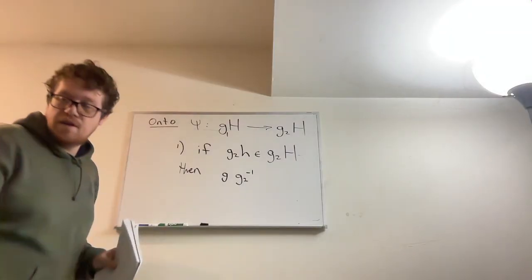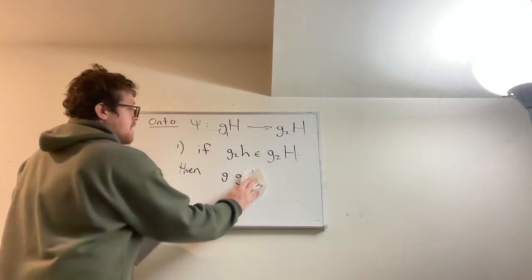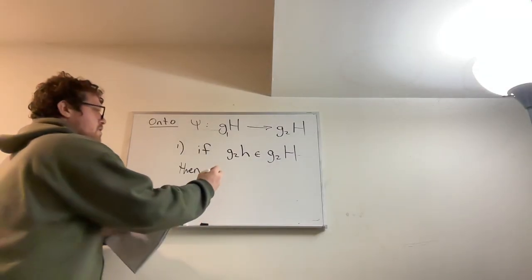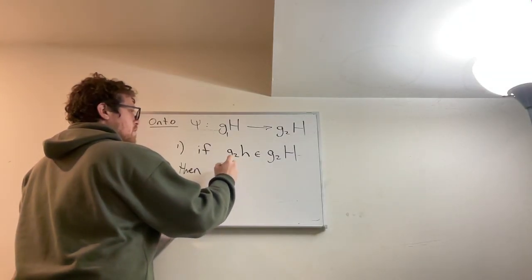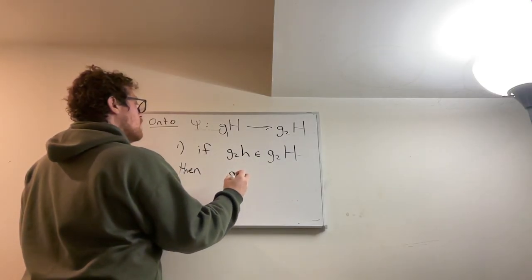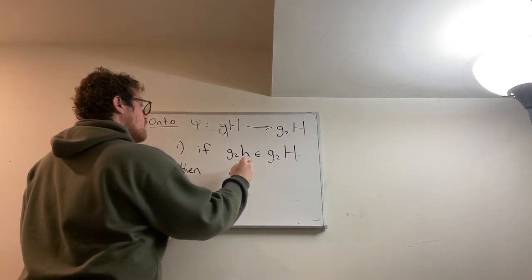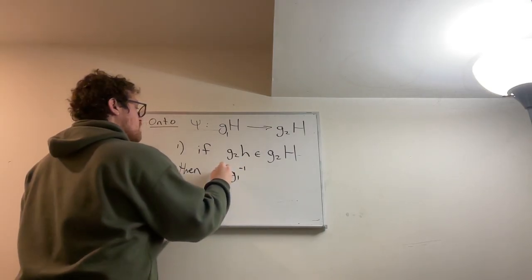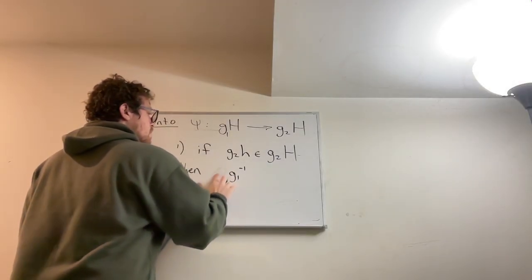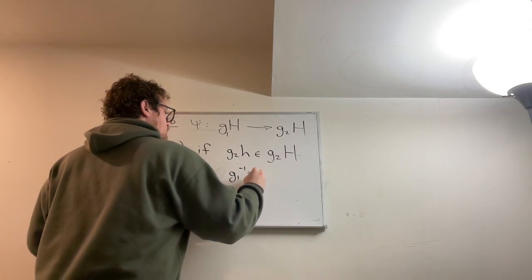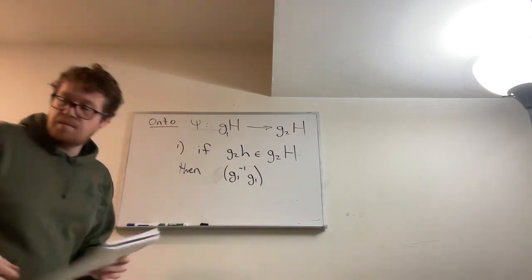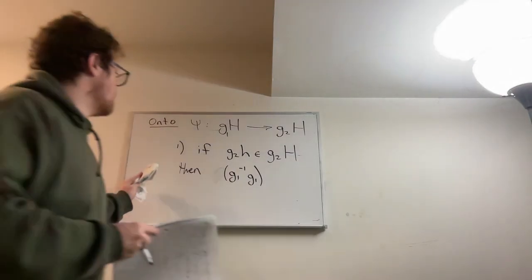Oh yeah, sorry, I need to cancel G1 first and then multiply by G2. G1 inverse G2, nope. I'm doing this completely wrong. Let me erase this.